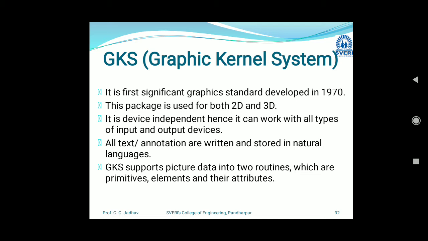The GKS stores part data or design data in the form of primitives, like circles and shapes such as cone and sphere, and elements, nodes, and whatever information regarding the designs and attributes, in a well-organized manner. So this is the GKS, the Graphics Kernel System graphics standard.